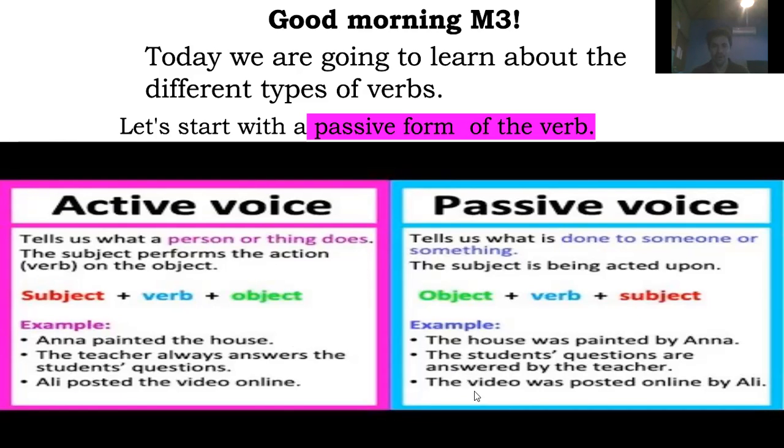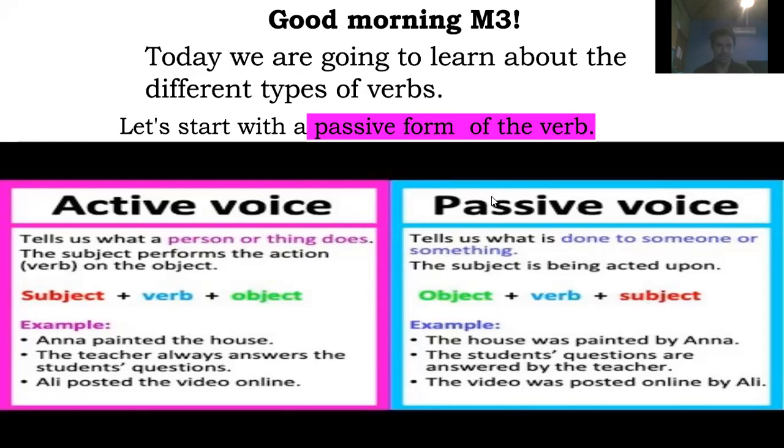The video was posted online by Ali. The video being the object, was posted being the verb, online by Ali, so Ali being the subject. Again, object, verb, subject. That is a passive voice. It's a passive form of the verb.